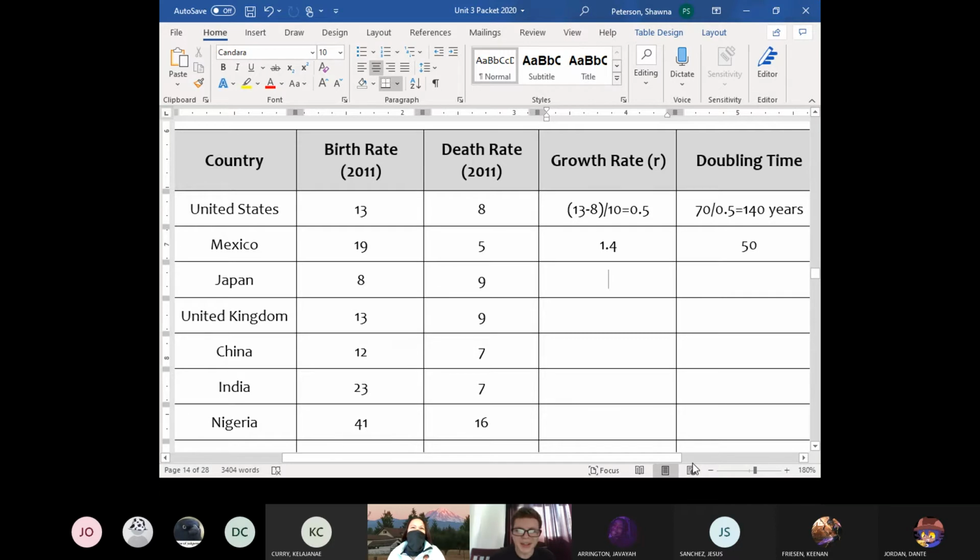The growth rate was 8 minus 9 equals -1 divided by 10 equals negative 0.1. Why do you disagree with 70.1 as a doubling time? God, it's shrinking!